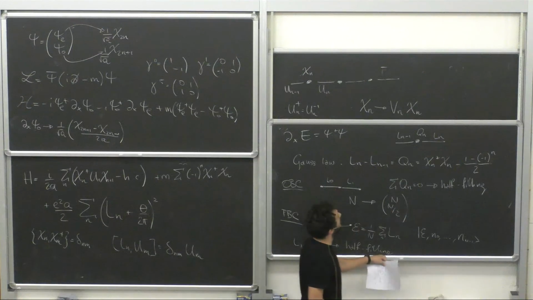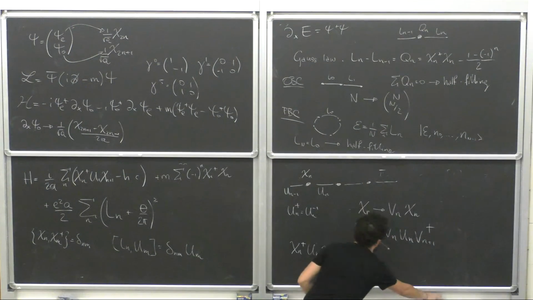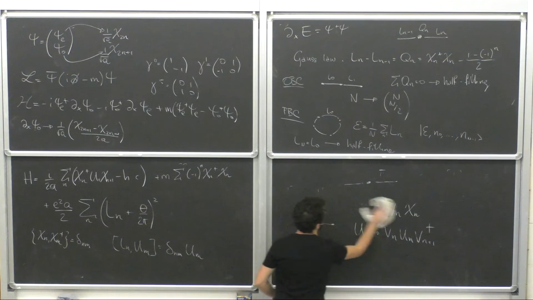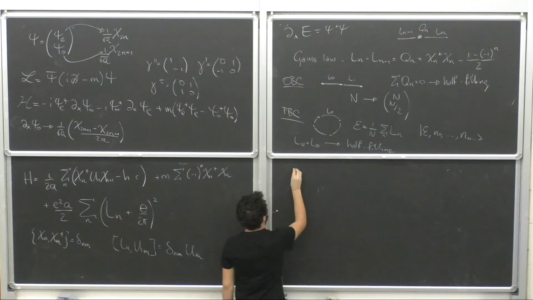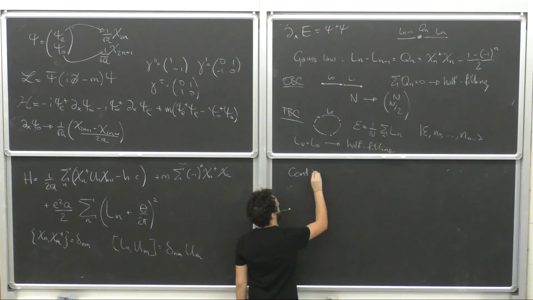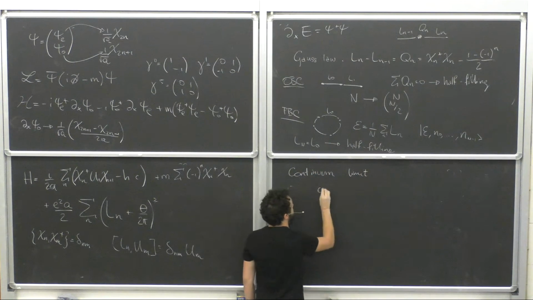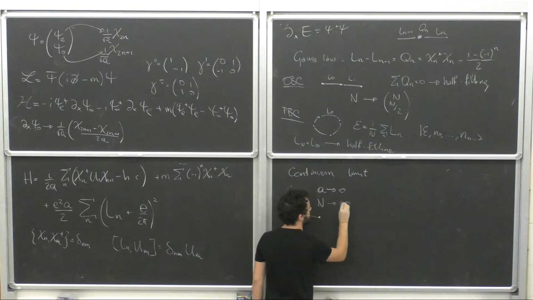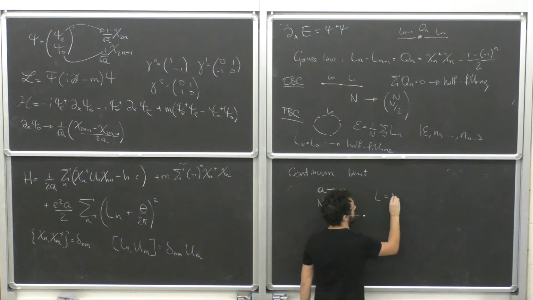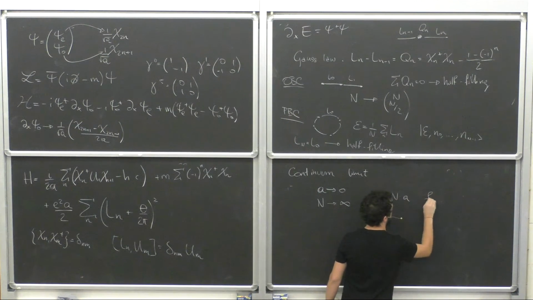So now what I'm interested in is I want to take the continuum limit, which is pretty simple. I take the lattice spacing a to 0 and the number of sites to infinity, so that the length of the circle, if I have periodic boundary conditions, is fixed.